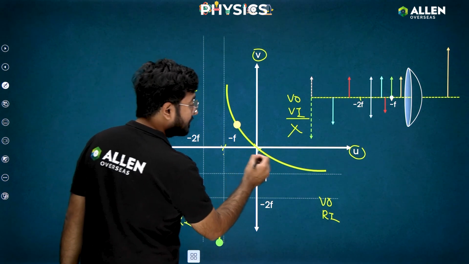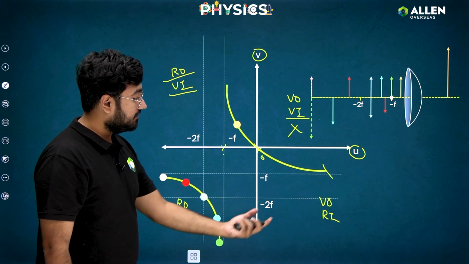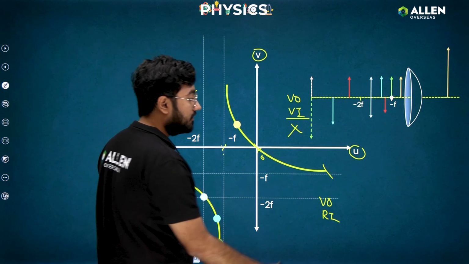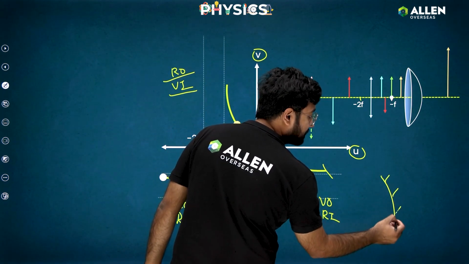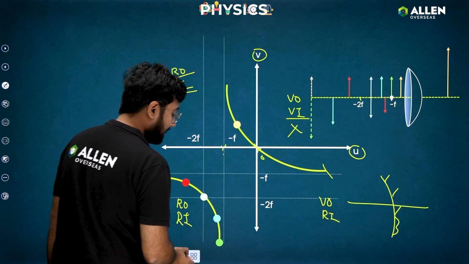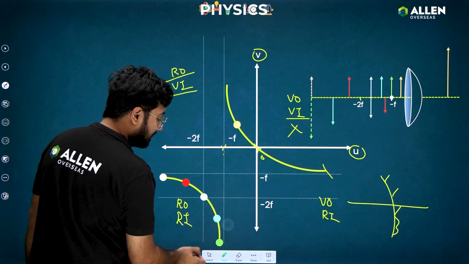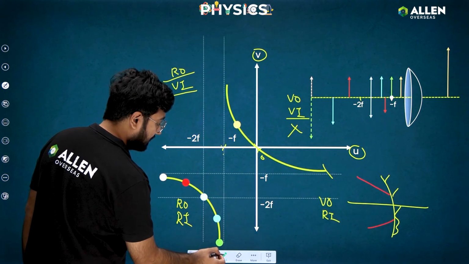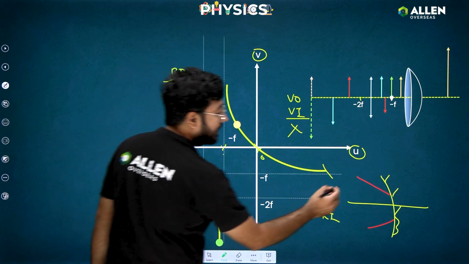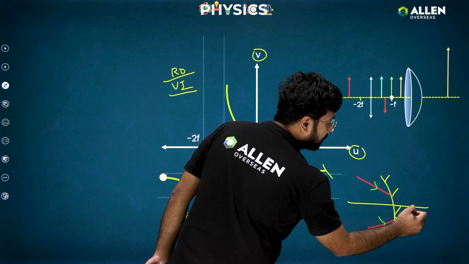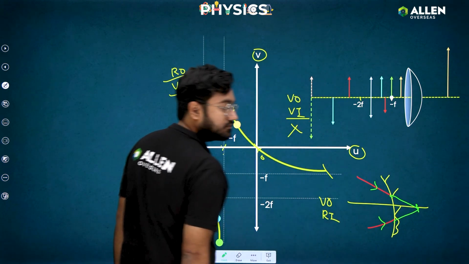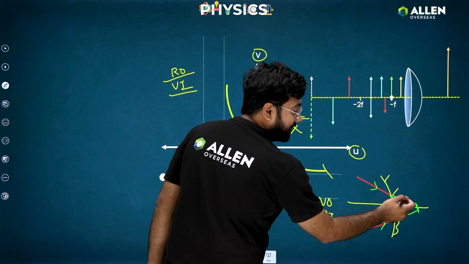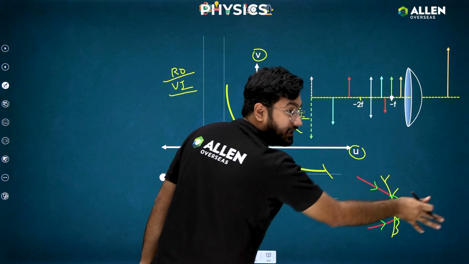What about this case? This case is the real image formed by the virtual object. How will a virtual object look? For a virtual object, the light will be converging behind the mirror, somewhere here, right, but it cannot go behind the mirror in reality.